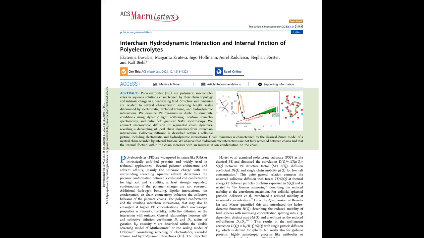Overall, the study advances understanding of the subtle interplay between hydrodynamics, electrostatics, and internal friction, controlling polyelectrolyte behavior on multiple length and time scales. This insight is critical for designing and optimizing polyelectrolyte-based materials and processes in diverse scientific and technological fields.